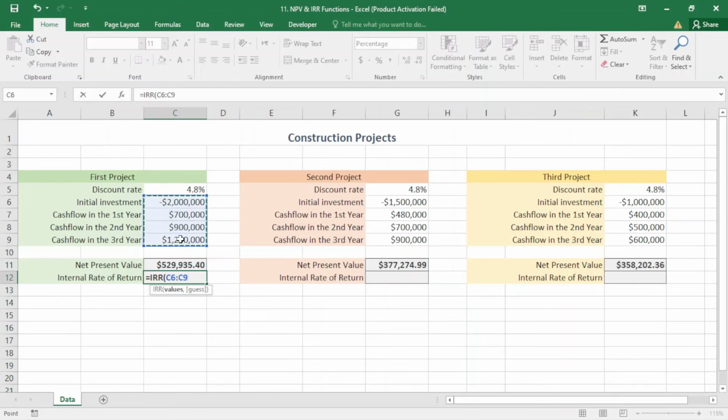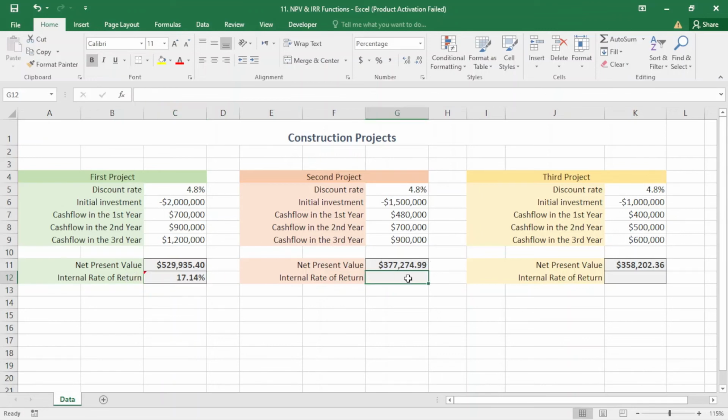I select all of these. I can guess how many percent I will get, so I just leave it as it is, close the bracket, and enter. You can see the internal rate of return is 17% here.